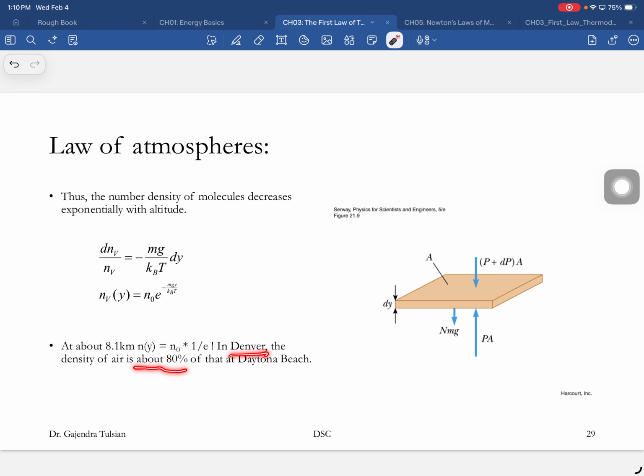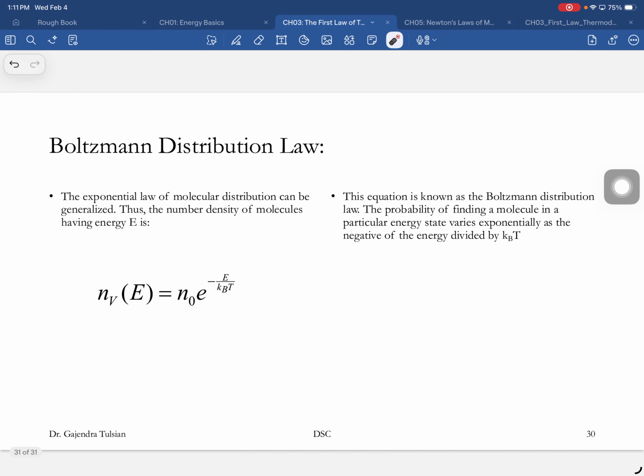In Denver, the density of air is 80% the density at Daytona Beach. Mount Everest is 9 kilometers up. So at the top of Mount Everest, the air density is 30% the density of sea level. And you know that people climb Mount Everest without oxygen.